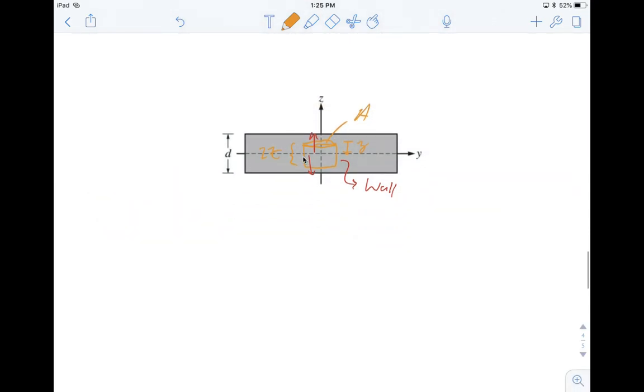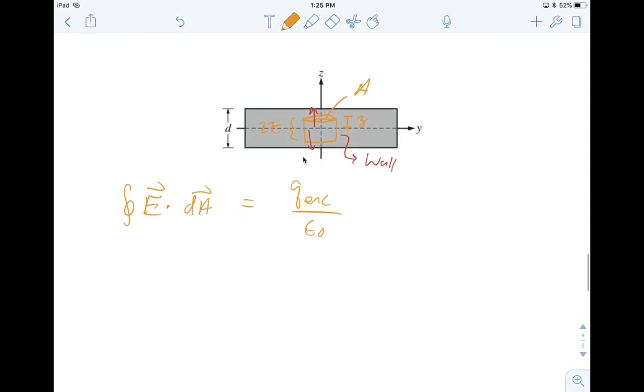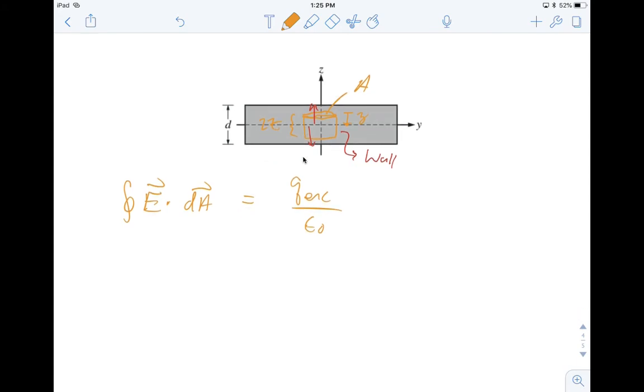And then the electric field is the same through the top and the bottom. Applying Gauss's law, we have closed integral E dot dA equals Q enclosed divided by epsilon naught. The right side, Q enclosed, looks like what we just did. It was rho naught, the uniform volume density, times the volume of our Gaussian cylinder.